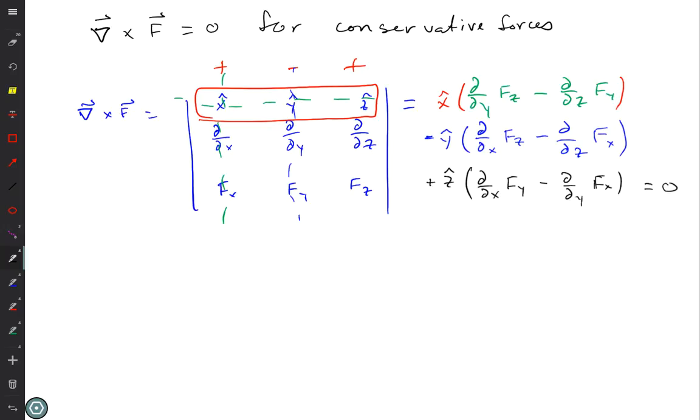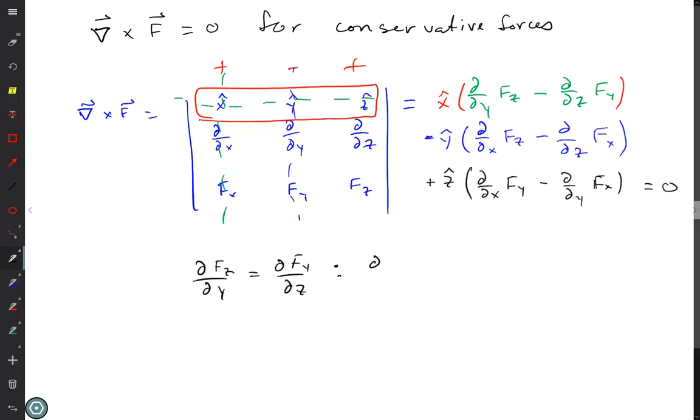And so I now can make from this a relationship that dfz dy must equal dfy dz. And likewise, dfz dx must equal dfx dz.